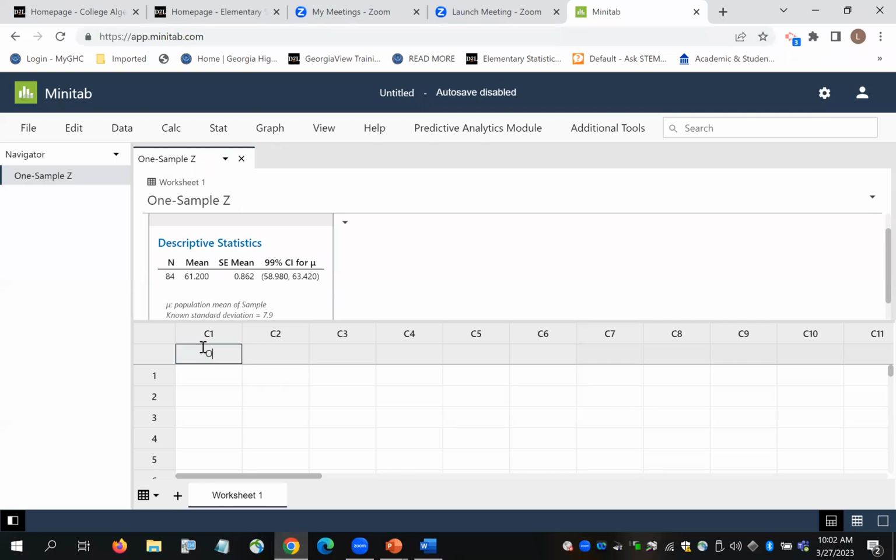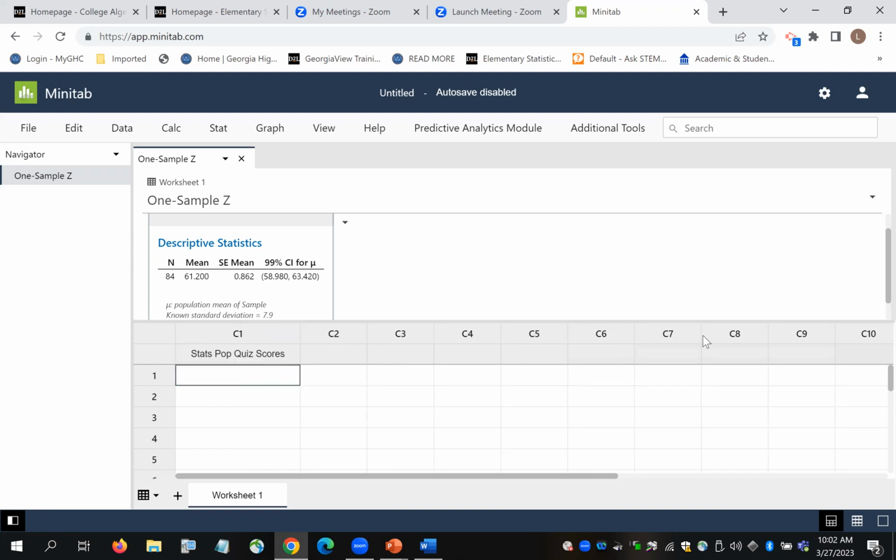And we're going to put stats, pop, quiz, scores. Okay, again, remember you want to always label the column of what you're putting in it. And then we're going to enter the numbers that are given in that list.